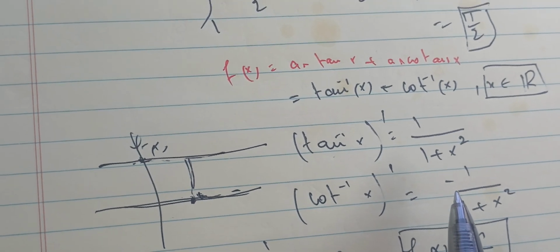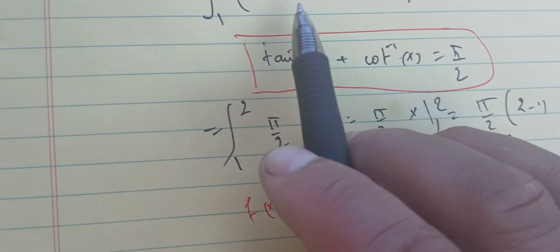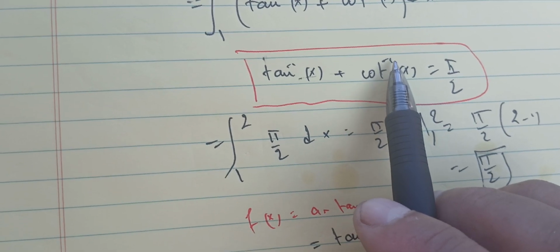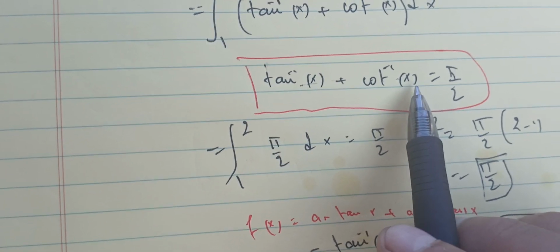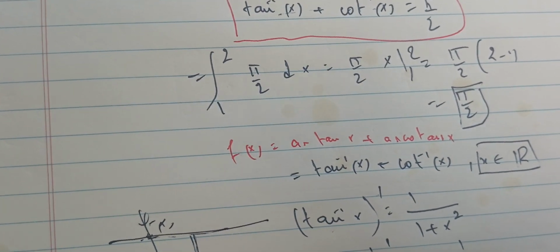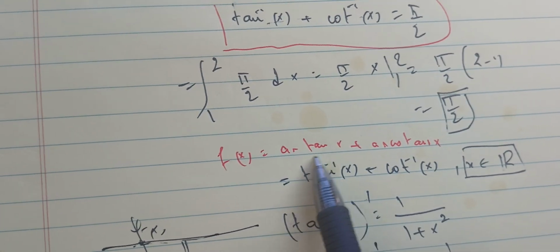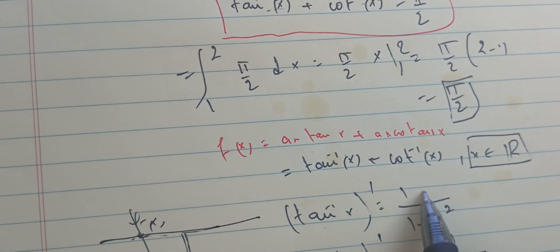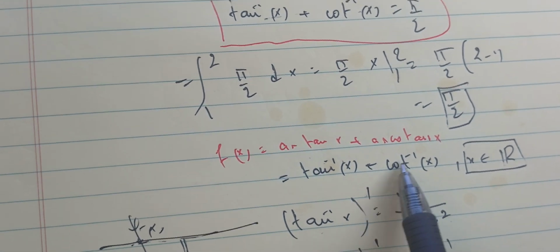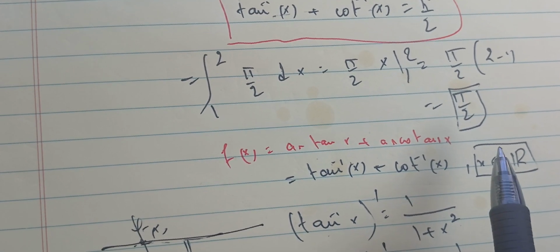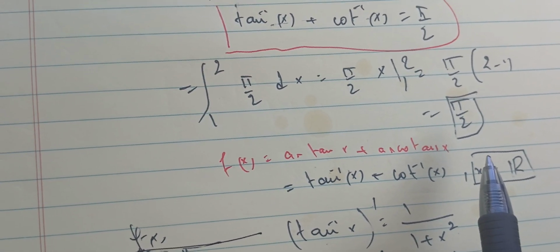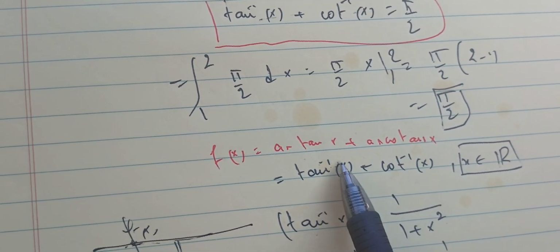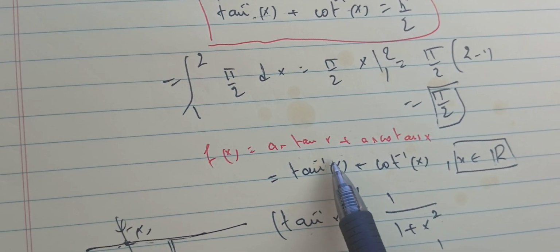So that was an easy question, but the knowledge of this idea would definitely help. I know the guys, they know this one here. We proved this one. We know that the derivative of the arctangent is 1 over 1 plus x squared. What about the cotangent inverse? The key idea is that we can prove it in the same way as we do for the tangent.